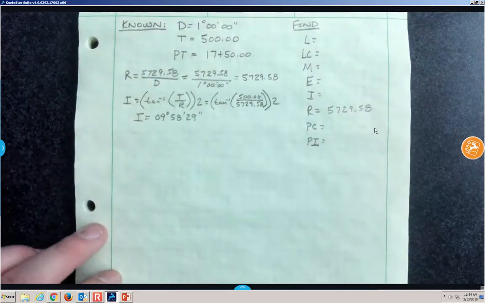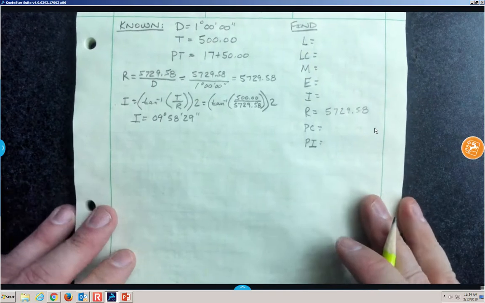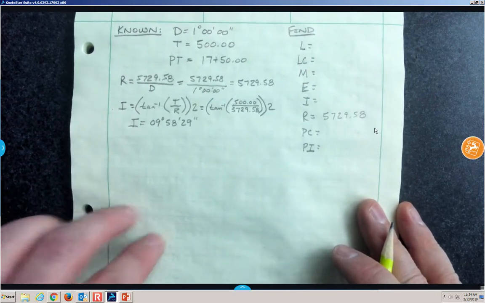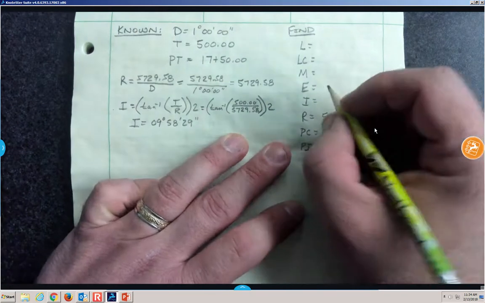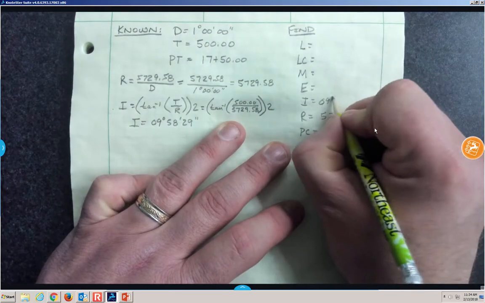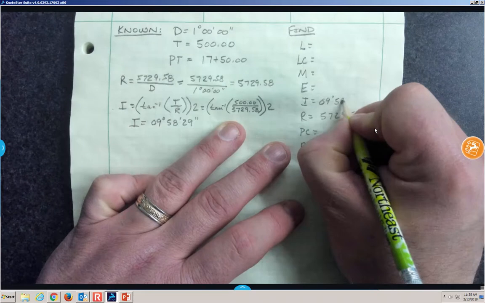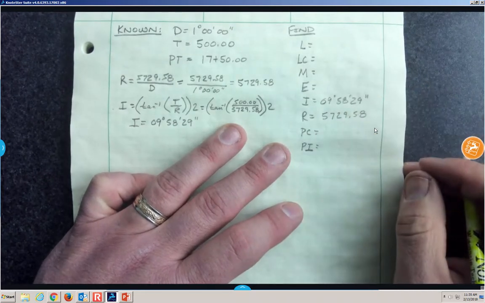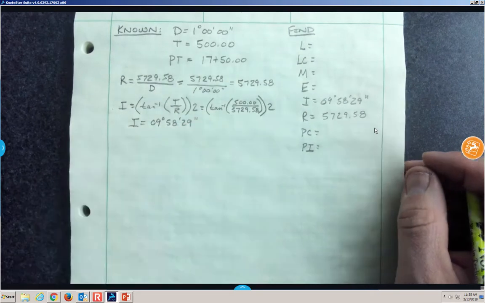Okay, so that's I. That's a pretty tight I. It's a small one. It's a short curve. Okay, so that's I.